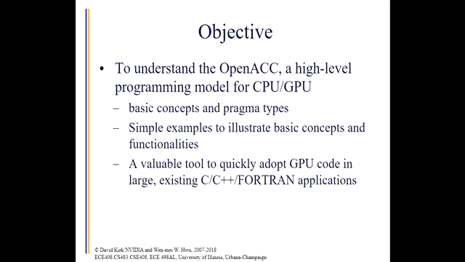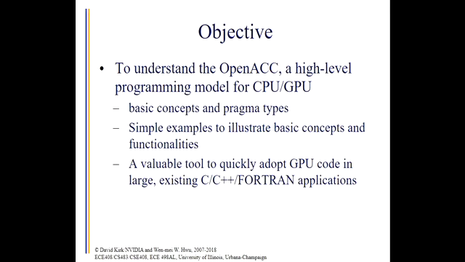If you know one, you will be able to do very well in the other. These are very similar interfaces. They're competing interfaces in many ways, and I'm going to talk about the basic concepts and what we call the pragma types. It's a very different programming mindset.